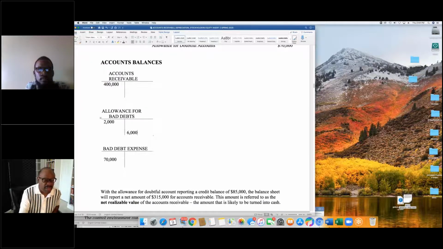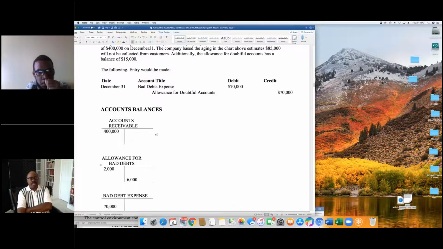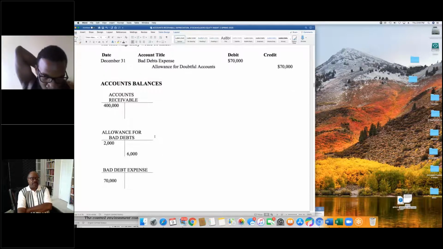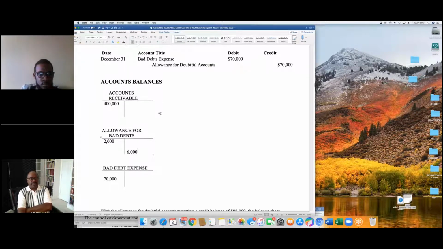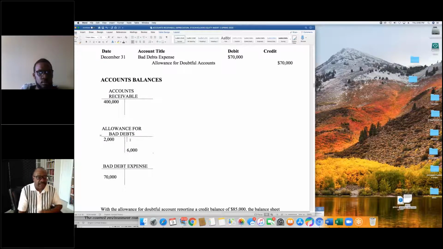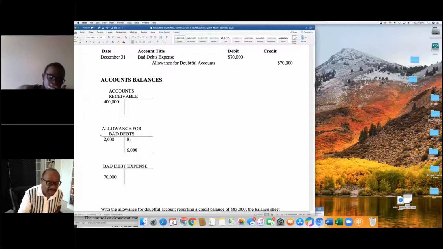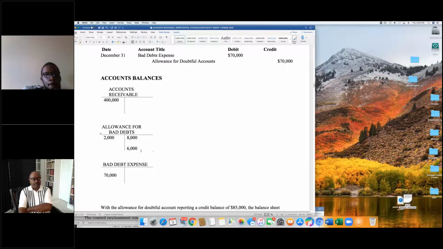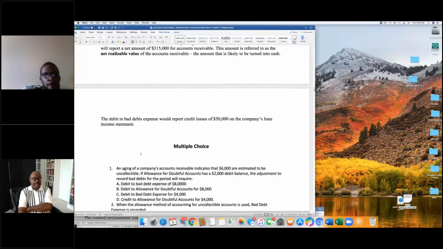So what entry do we need to make so that we go from a debit of 2,000 to a credit of 6,000? How much money does it have to be? 8,000. We need 8,000 credited in here. And now the account will have a credit balance of 6,000. All right, so just think about that one.